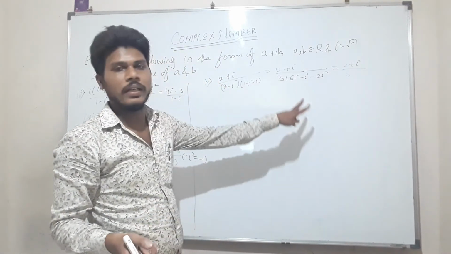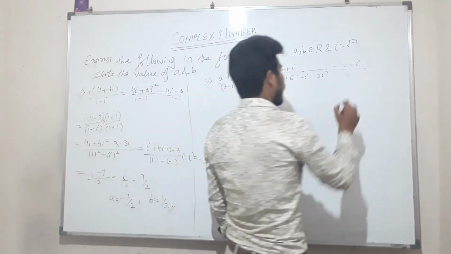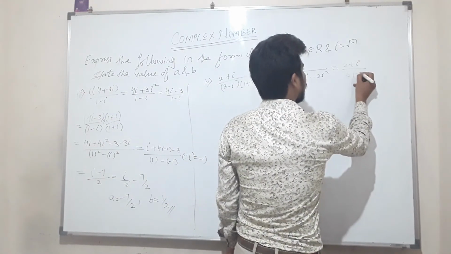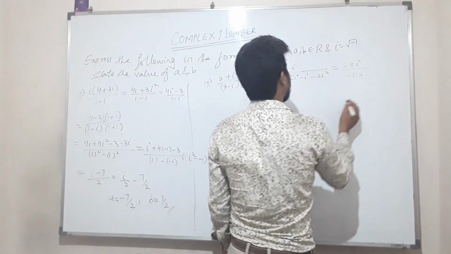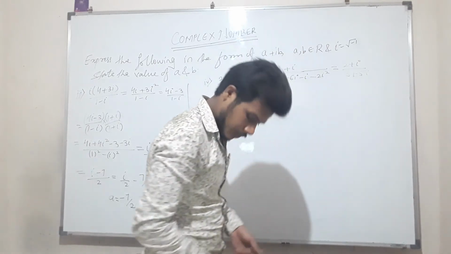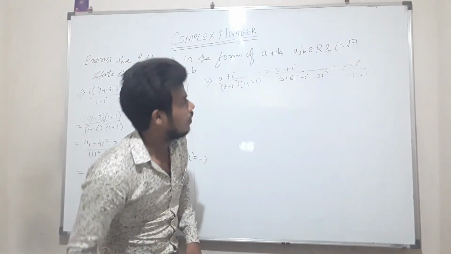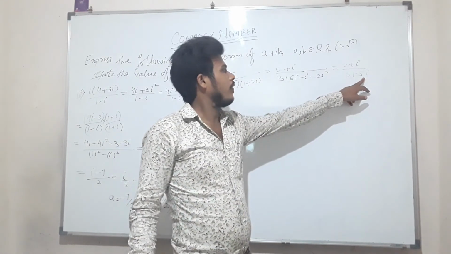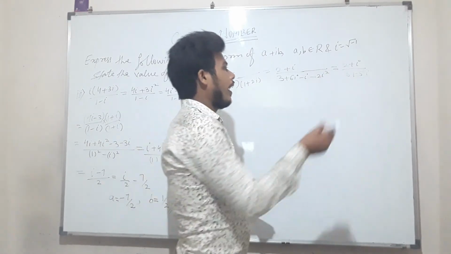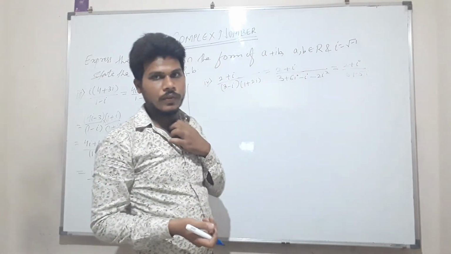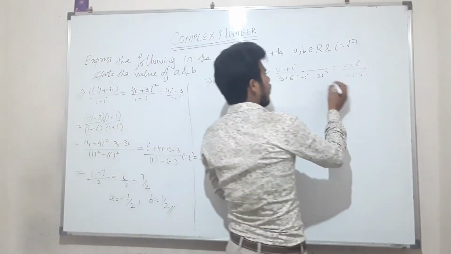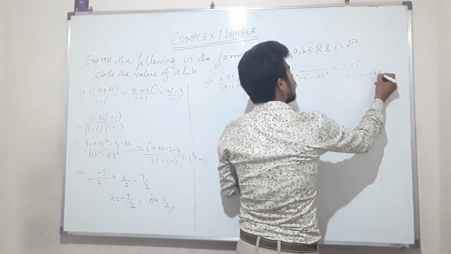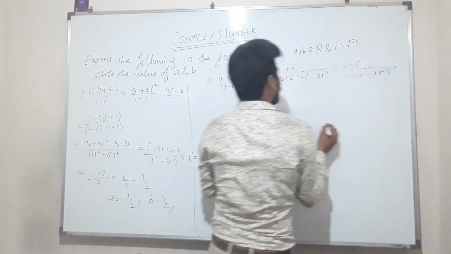So 6i minus i is nothing but 5i, and i² is nothing but minus 1. So it will be minus 2 into minus 1.